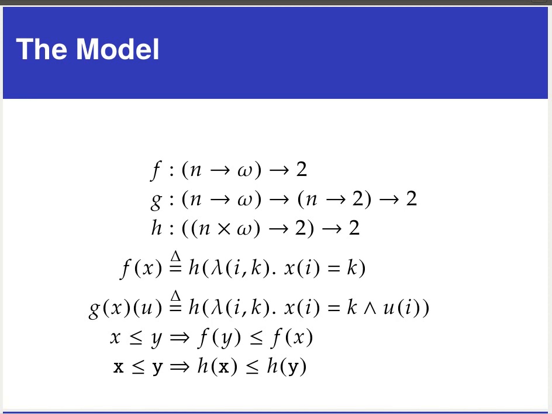Okay, this slide tells us what assumptions we make on the analysis, the local provenance, and the global provenance. The first 3 lines give us the types of these functions. Maybe a few more words about notation. N stands for the set of integers 0, 1 up to n minus 1, like in set theory, and omega stands for the set of natural numbers. 2 stands for the set of booleans 0, 1.